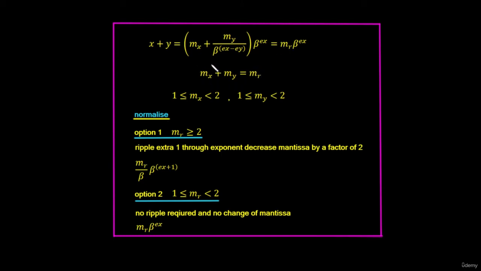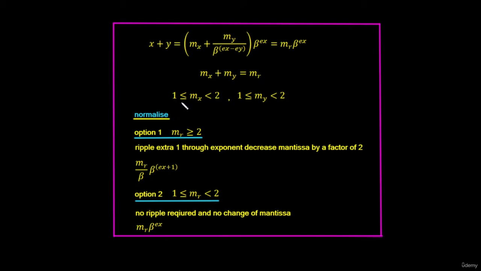Now the MX, we know that the numbers that we receive are normalised, so the MX is greater than or equal to 1 and less than 2, and the MY is greater than or equal to 1 and less than 2. So obviously it means that whenever we add these together, we can get a number that's going to be greater than or equal to 1 and less than 4.